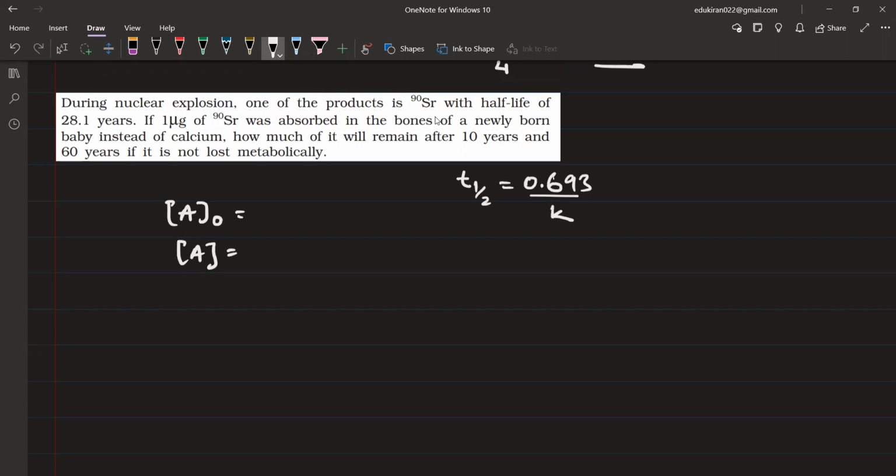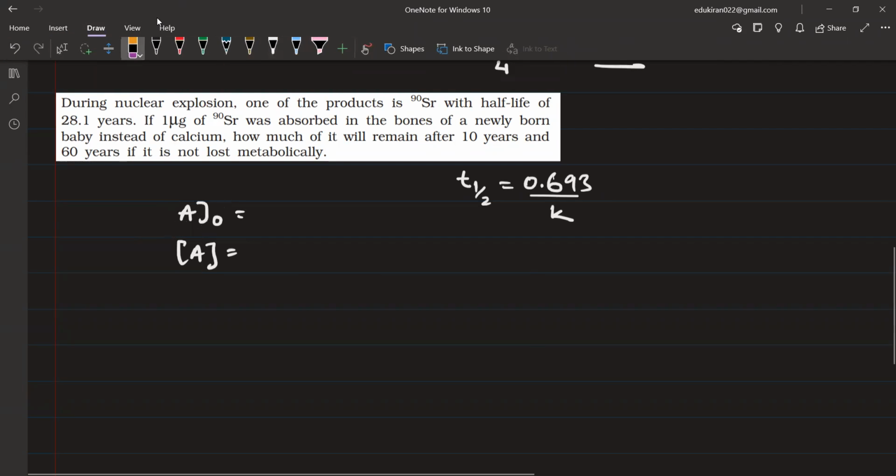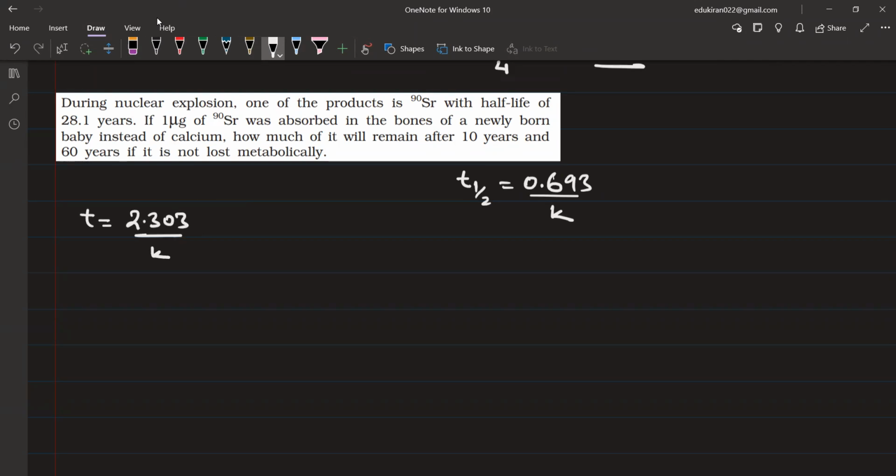So you have to identify what is the A naught here. What is the initial concentration?